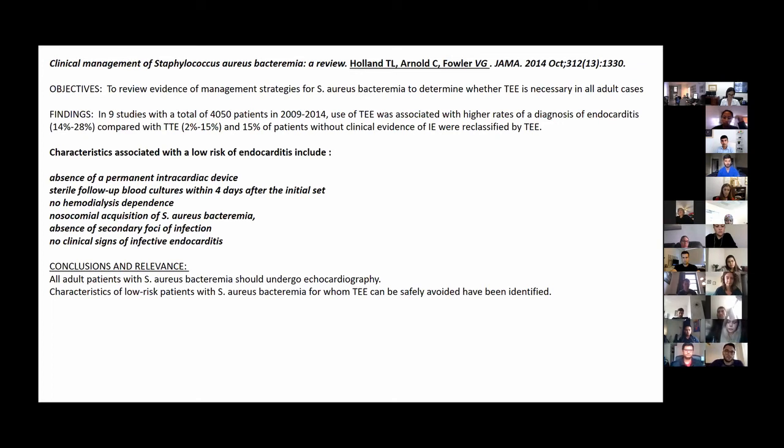And if they don't have any secondary foci of infection that are obvious or clinical signs of infective endocarditis, these patients should get a TTE, but probably are at low risk for endocarditis, so you probably don't need to get a TEE.